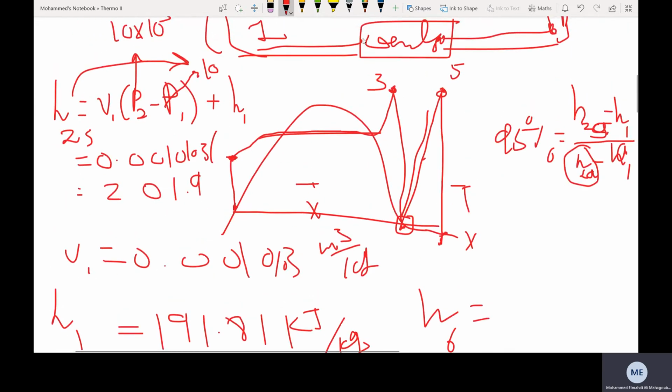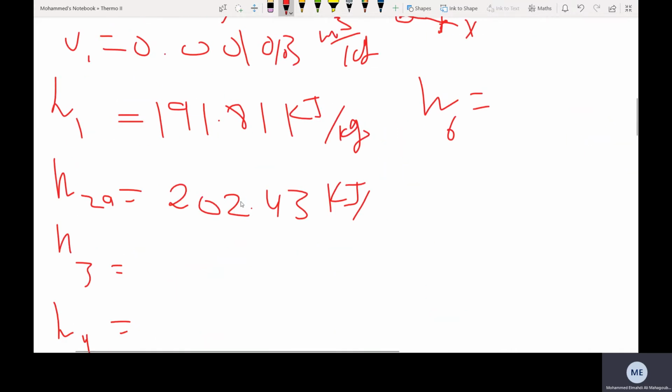Oh, one minute. This is a power producing device, so don't make this mistake. The isentropic in this case gives more work because it's a power producing device, so I need to flip it. That's how you spot your mistakes.